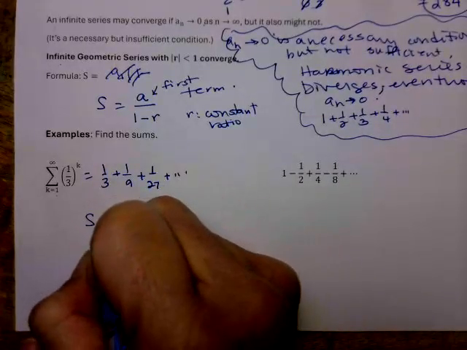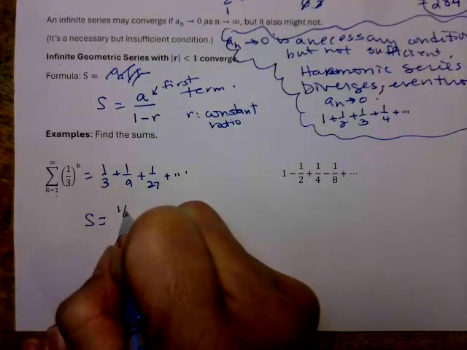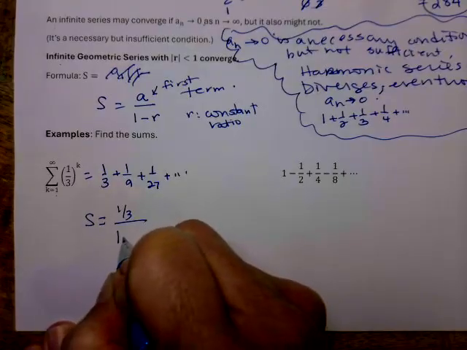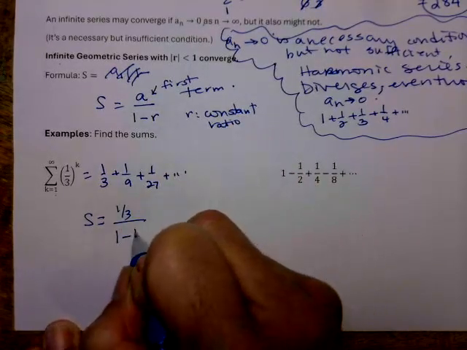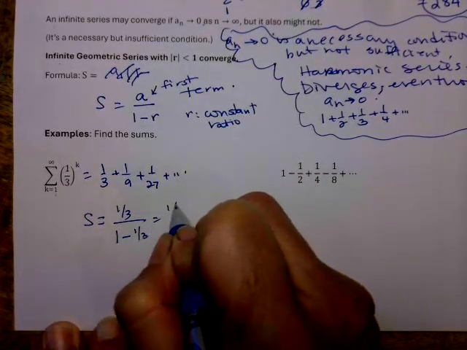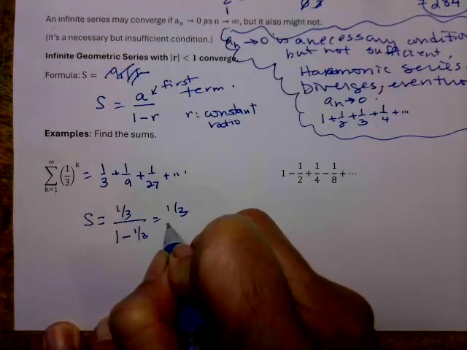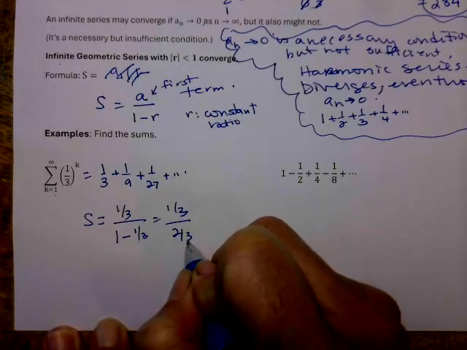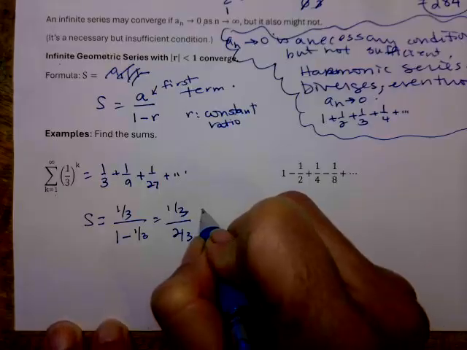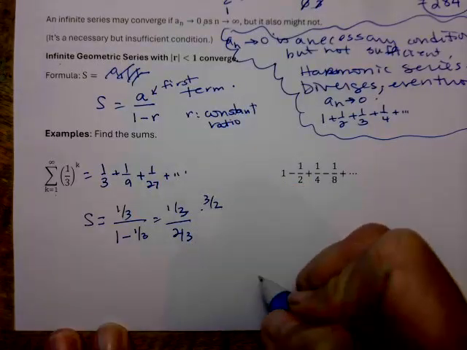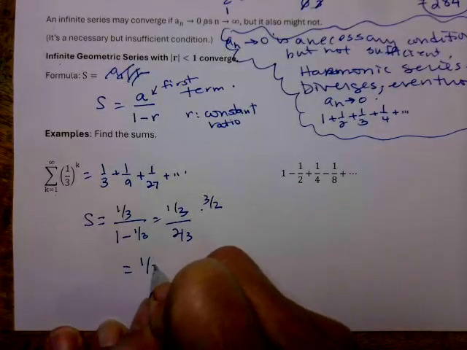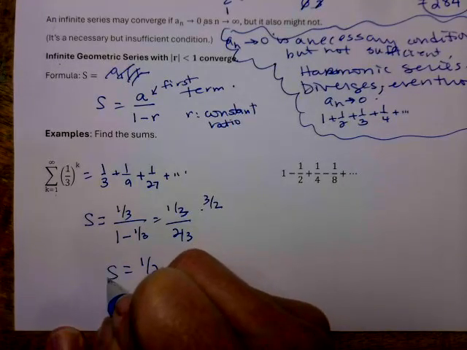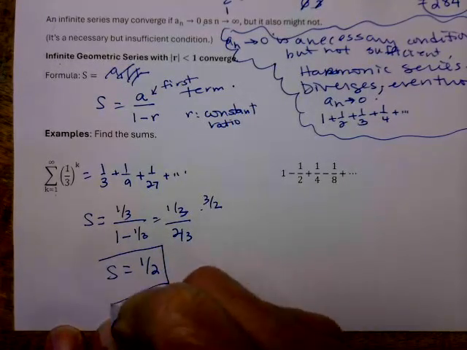And that number is S equals my first term divided by 1 minus R, so 1 minus 1/3. So 1/3 over 2/3. Flip and multiply. So the infinite sum is 1/2.